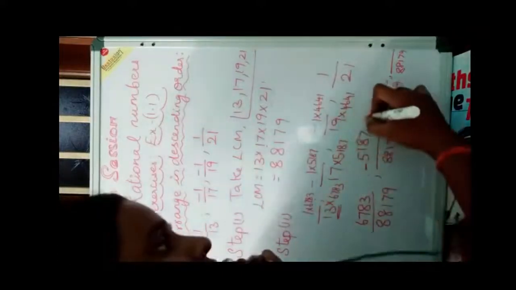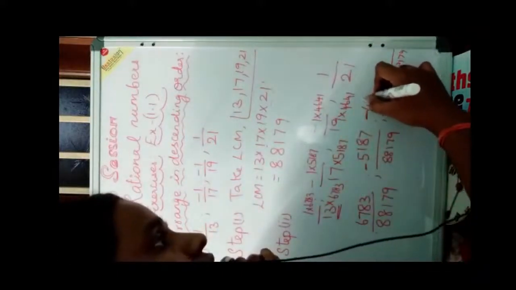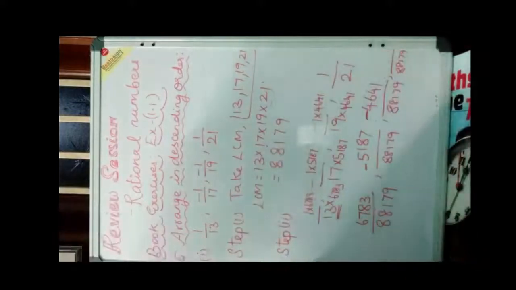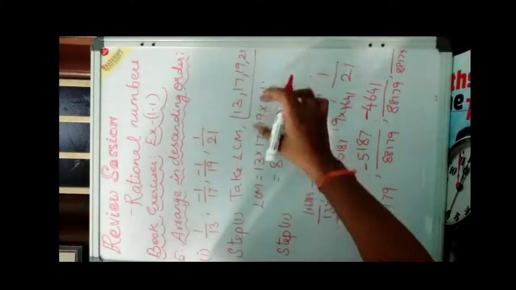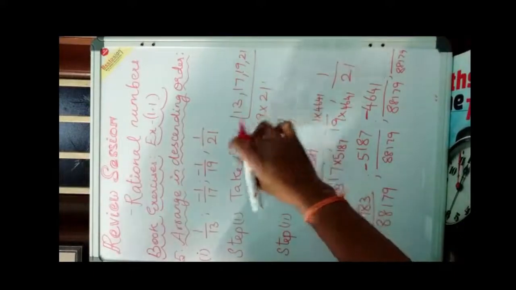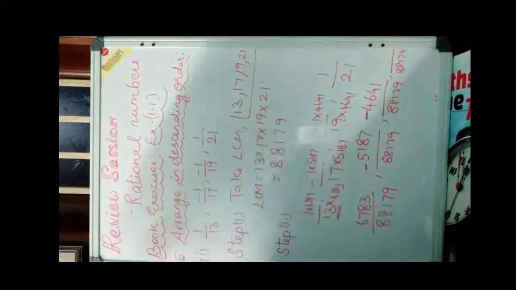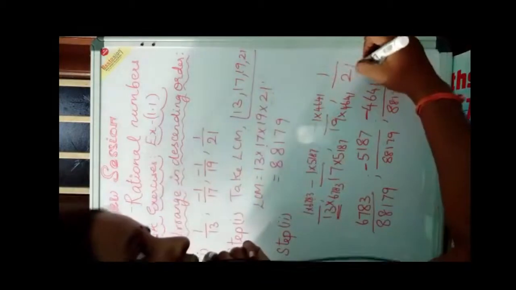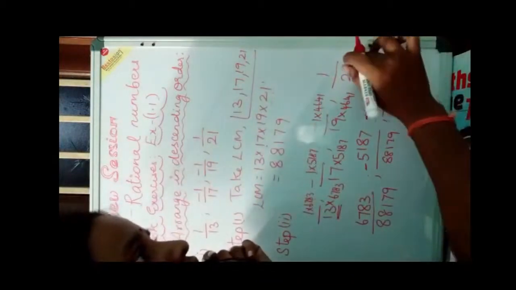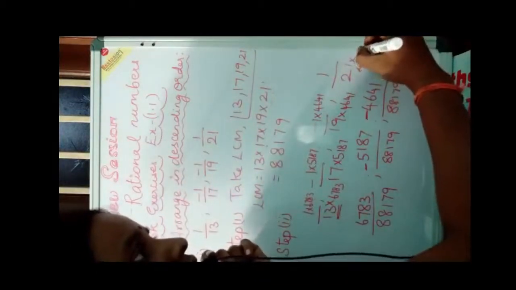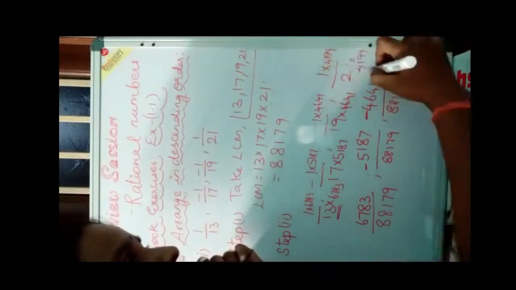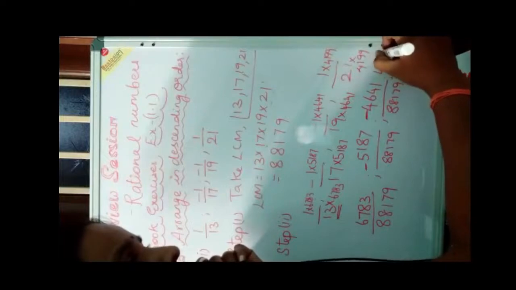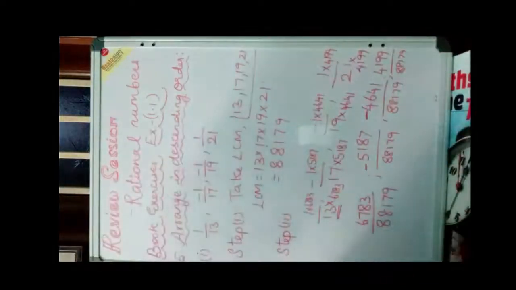So you will get negative 4641. So the next one is 21. So leave this 21 and multiply the remaining three numbers. So 13 into 17 into 19, if you multiply, you will get 4199. So here also you need to multiply by same number. You will get 4199.